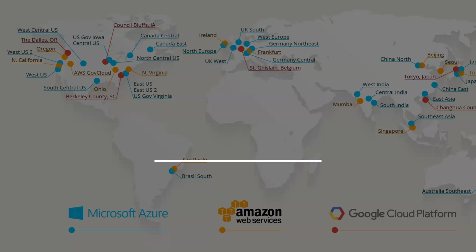AWS has also deployed almost 60 plus regions. Google Cloud is not that massive, but of course it also maintains decent data centers across the regions.